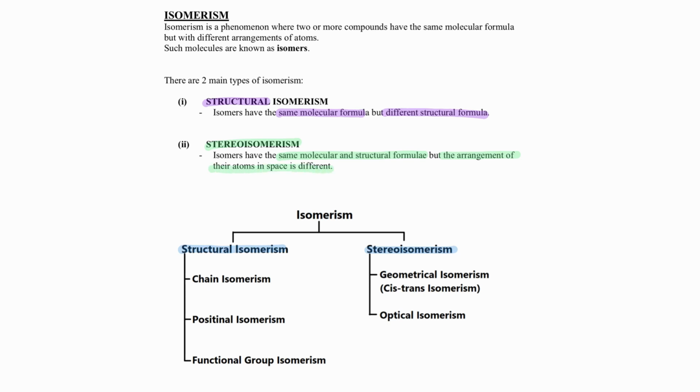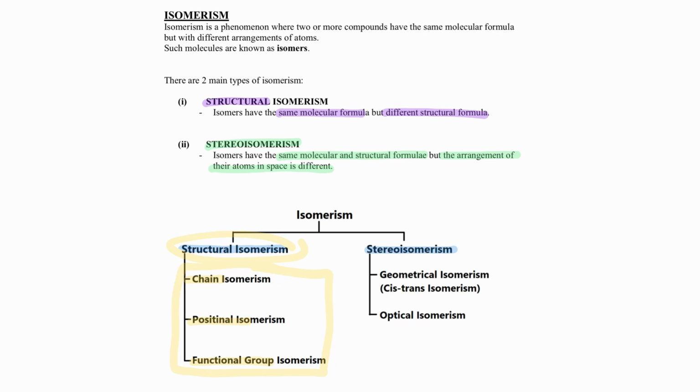So today, we will mainly focus on structural isomerism, where under structural isomerism we have chain isomerism, positional isomerism, and functional group isomerism. We have a question in paper 2, where they will ask us for 2 to 3 marks to list down all kinds of isomerism that we could have for structural isomerism.